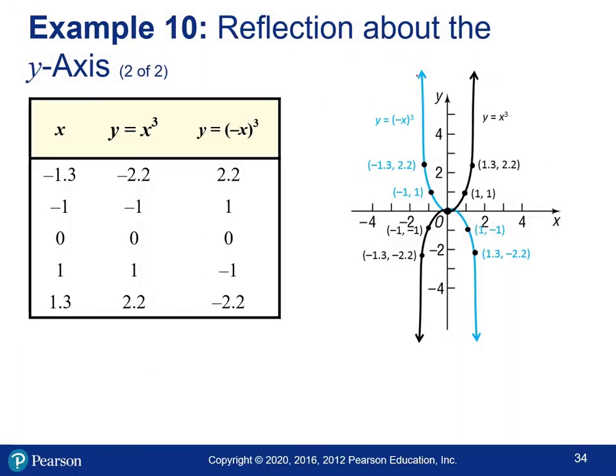And so the new graph, (-x) cubed, is what's in blue. Okay, and so notice the mirror would be right here on the y-axis. Everything that used to be positive on the right has now moved to the left, and everything that was negative on the left has now moved to the right to become positive.